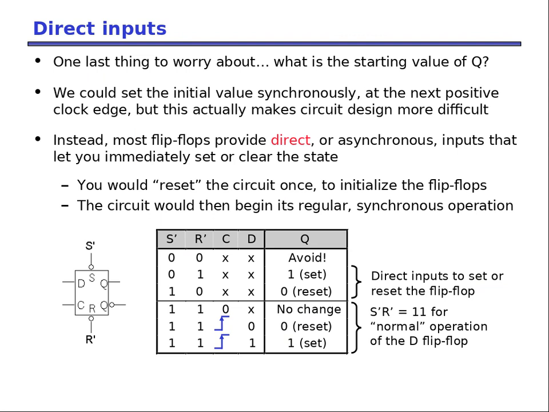One confusing thing is what is the initial value of Q? We're going to talk about this, but you only need to worry about it when we get to the implementation of our processor, and I'll show you how to do it. If you just have a circuit and you lay it down, Q could be anything. It could be 0, it could be 1, probably 0 because you haven't charged it up yet, but maybe it needs to be 1.